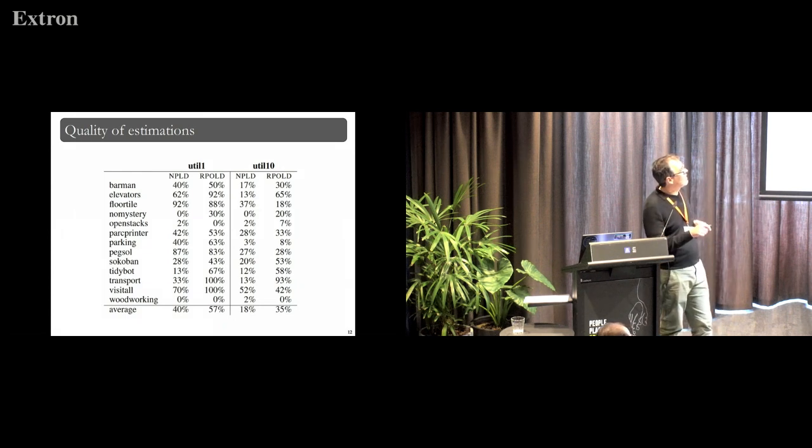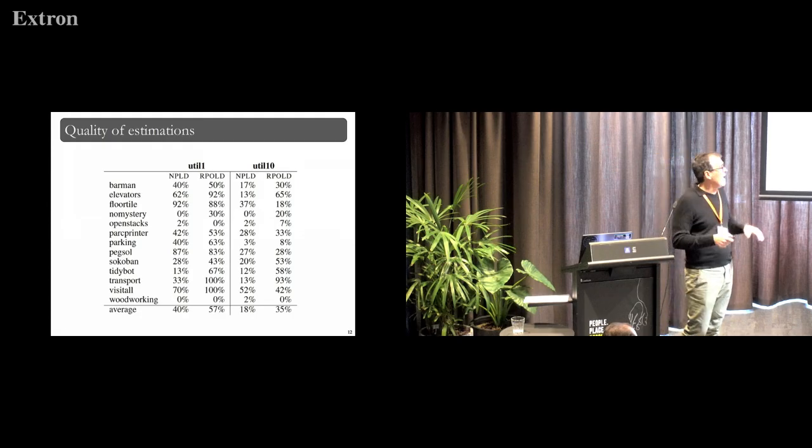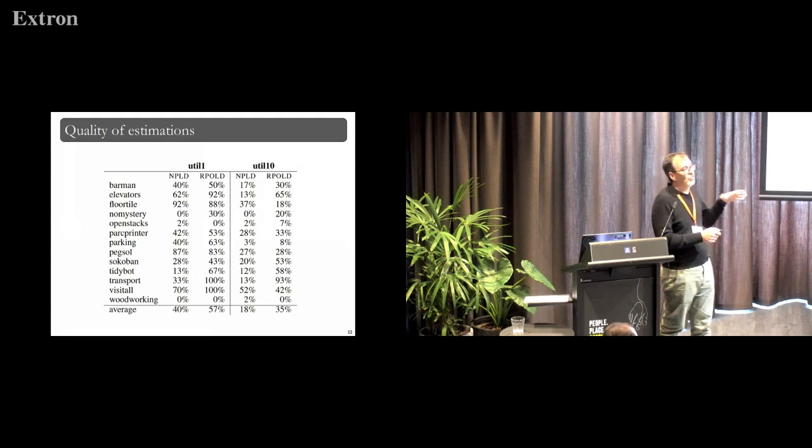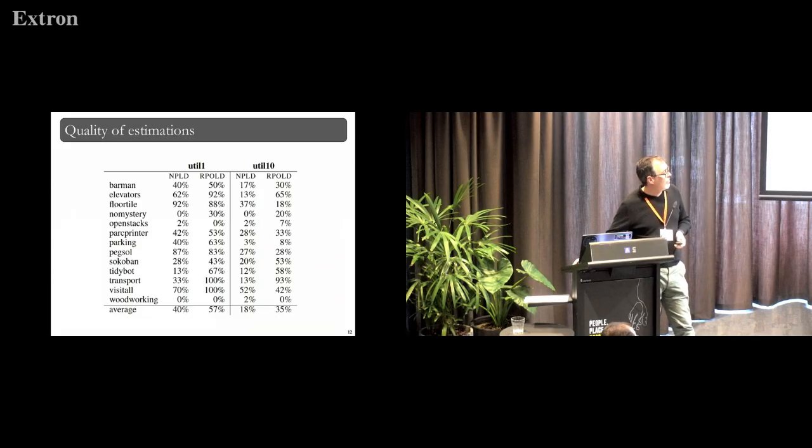If we see the figures, we go from an average of 57% to an average of 40%. So it seems that having better estimations allows us to have less oversubscribed sets. And when all the goals have different utility, it goes from 35% to 18%. So we are also here reducing the number of problems that are still oversubscribed.